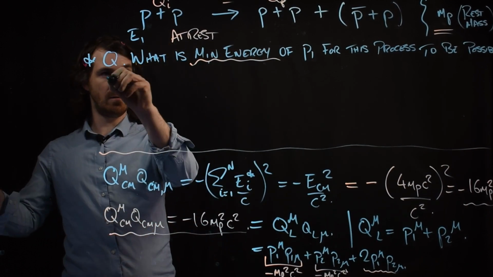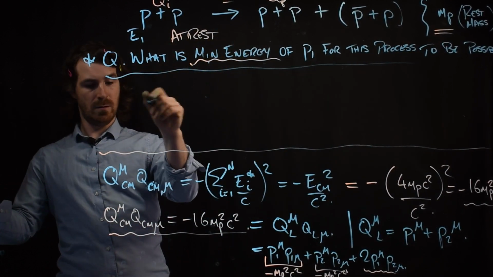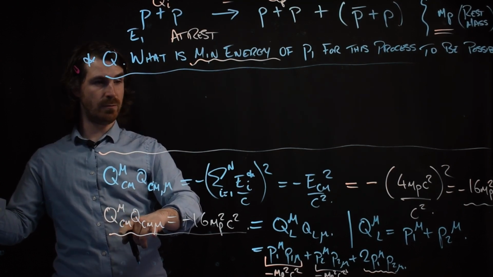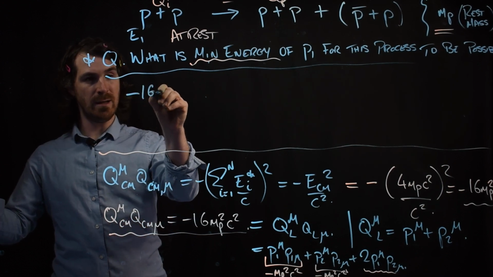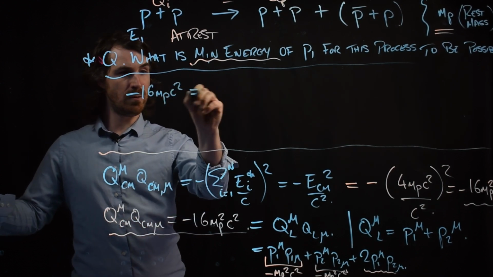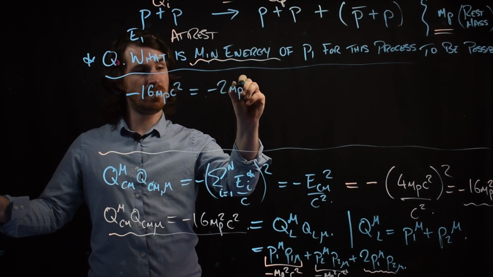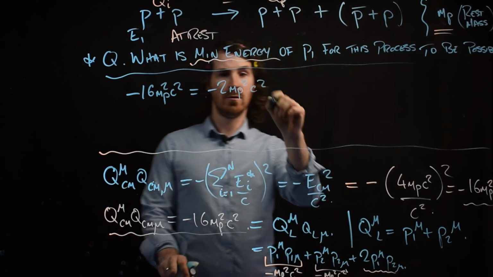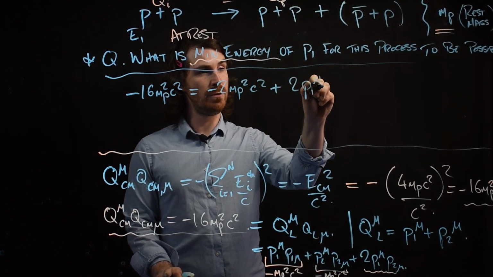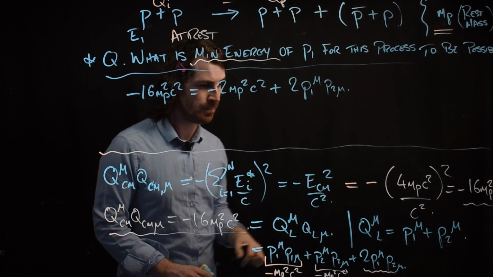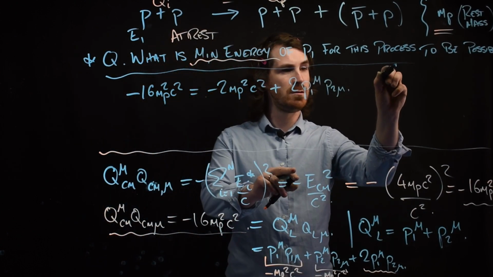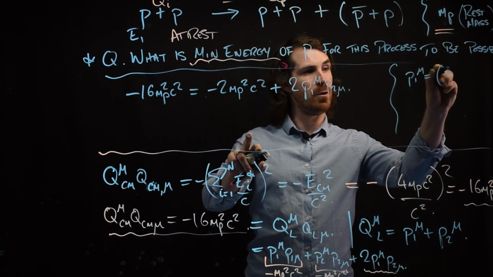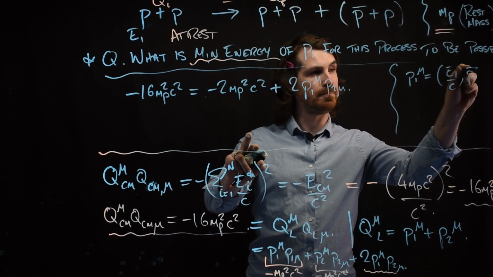Okay, so we find, from just the invariance of the length of our total four momentum, that minus 16 mp squared c squared equals minus 2 mp squared c squared plus 2 P1 mu P2 mu. But in the lab frame, P1 mu equals E1 over c, p1.